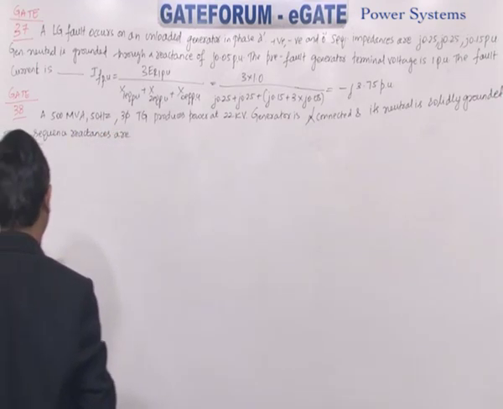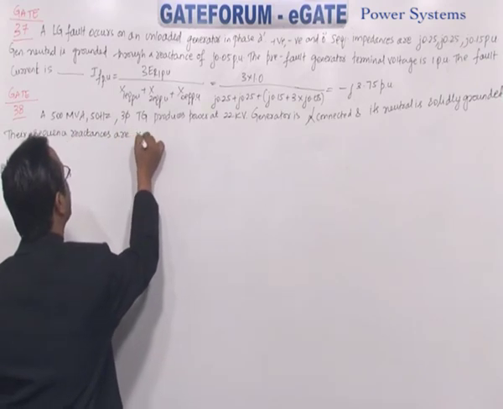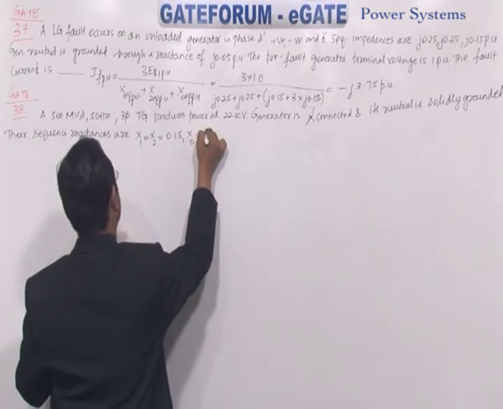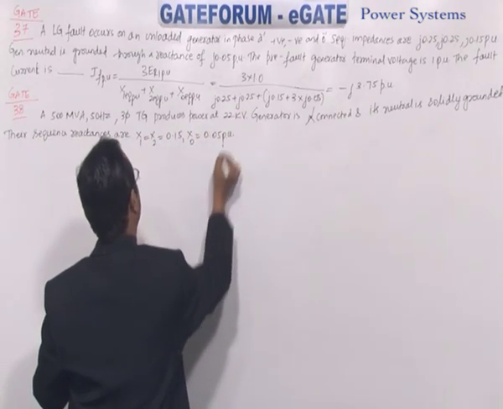Their sequence reactances are X1, X2 is 0.15, X0 0.05 per unit.